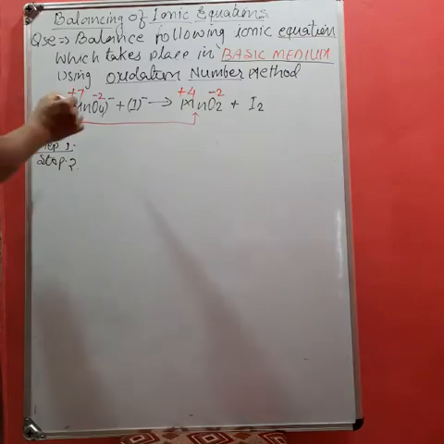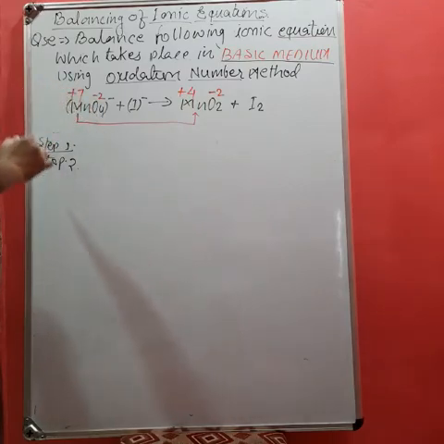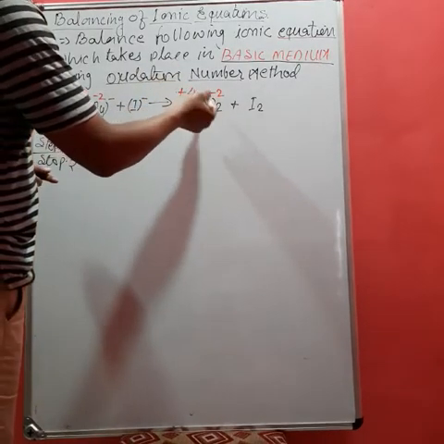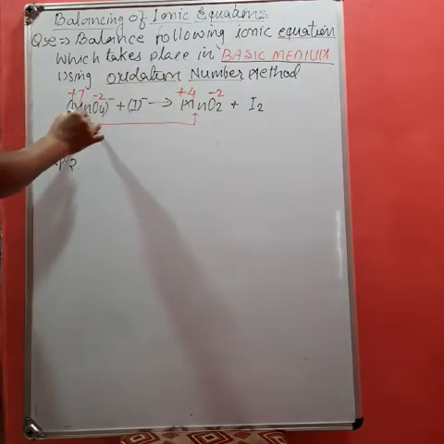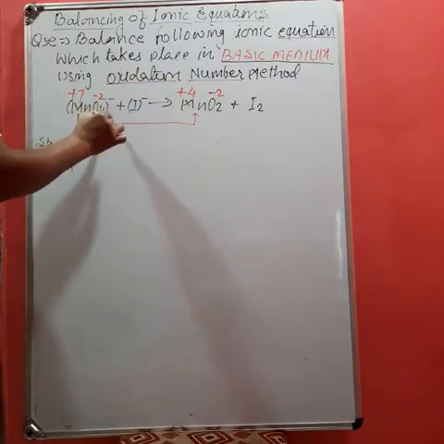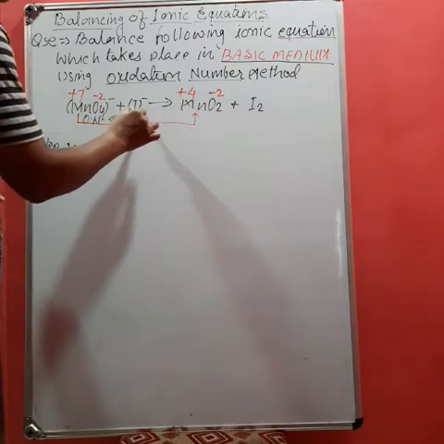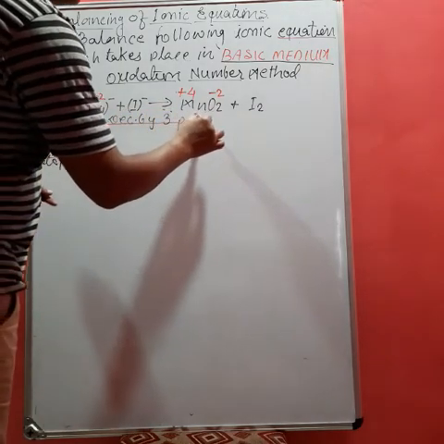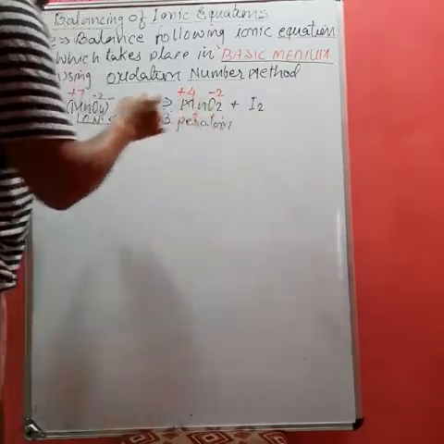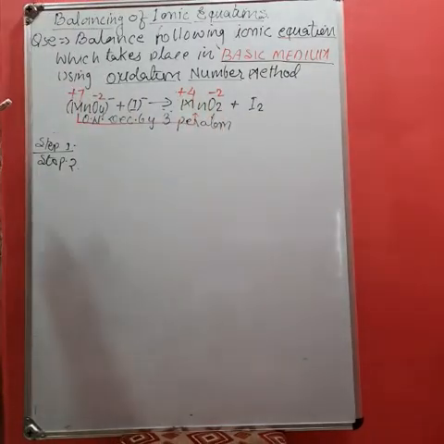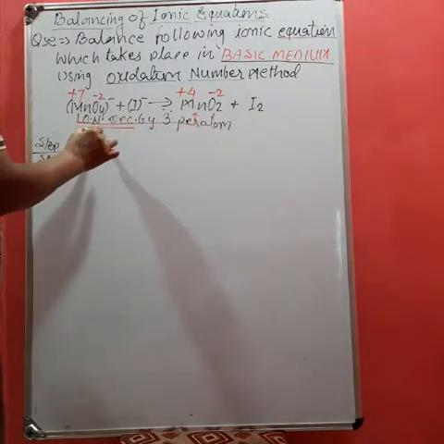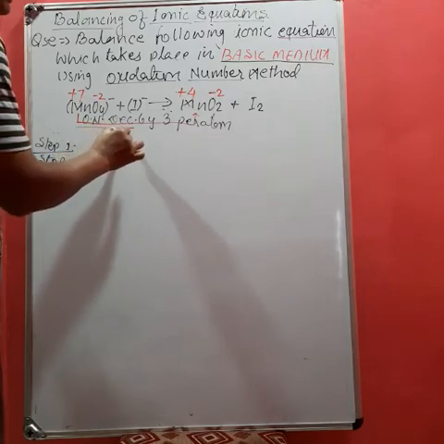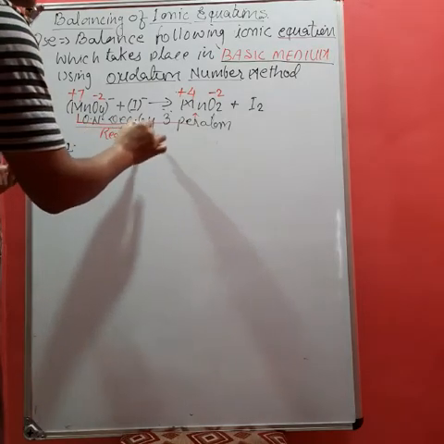Here Mn on the reactant side is +7, but on the product side it is +4. So the oxidation number decreases by 3 per atom. Since the oxidation number decreases, this process is known as reduction.